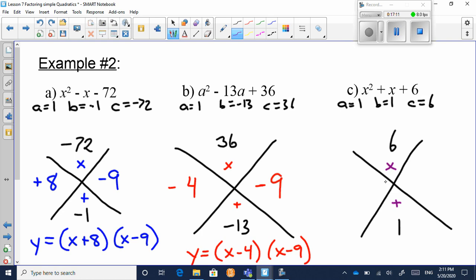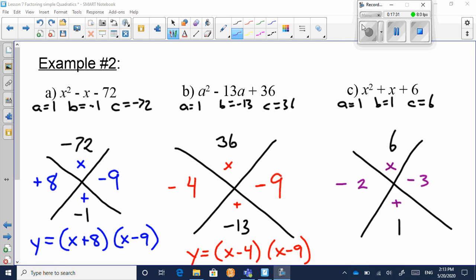Maybe if we did a -2 times a -3, well, that's going to multiply to 6. But do you notice that it's not going to add to the 1?